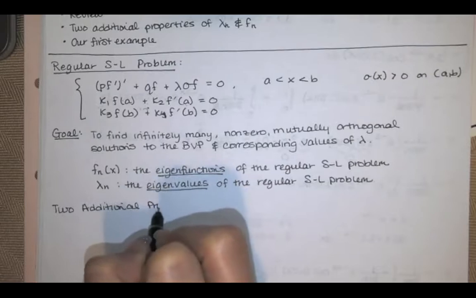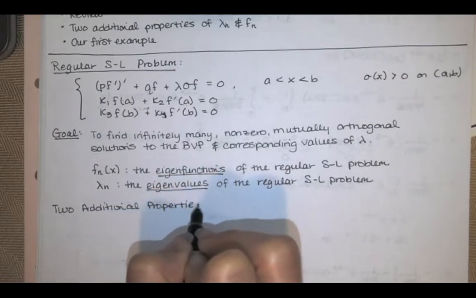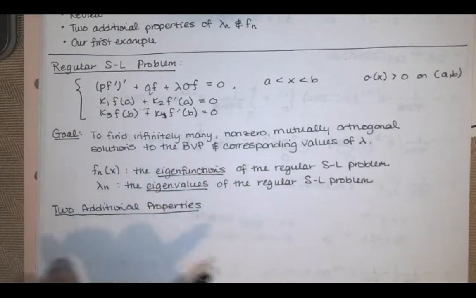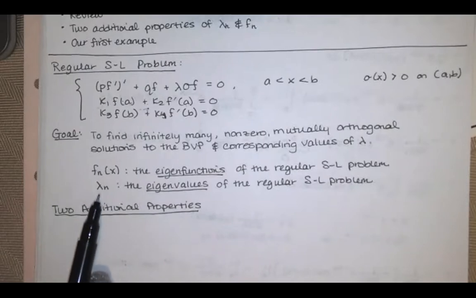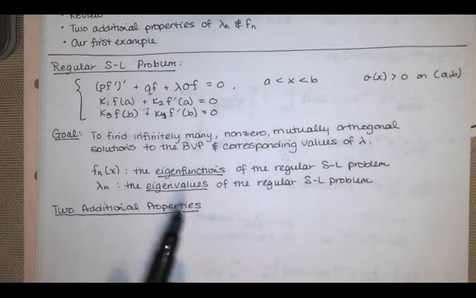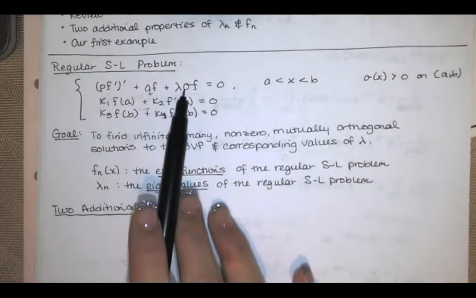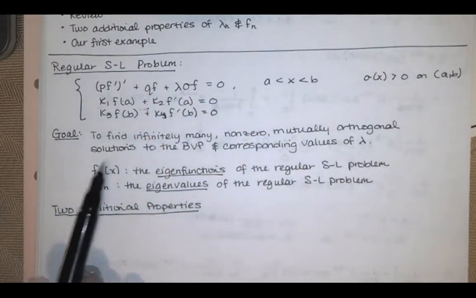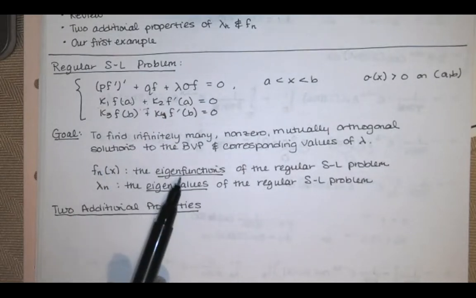In earlier videos, we talked about theorem 3.8, which said that as n goes to infinity, the lambda sub n go to infinity, that we have an infinite sequence of the lambda sub n, and that infinite sequence is increasing, and that the eigenfunctions that go with the eigenvalues are mutually orthogonal, meaning that if we multiply them together and we also multiply by this weighting function, sigma of x, and then we integrate over the interval from a to b, we get 0 for any two functions in this list of eigenfunctions that are not identical to each other.